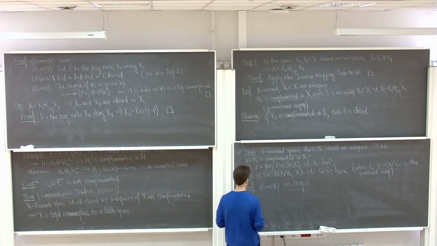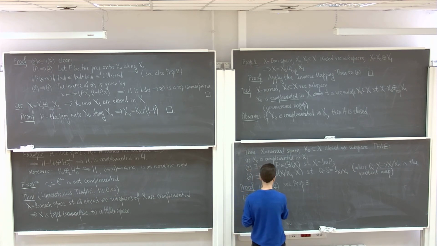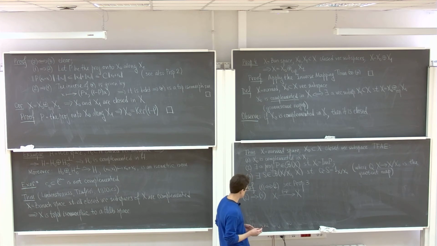Okay, so let's now show that 2 implies 3. So we look at the following picture. This is 1 minus P, X to X. So the kernel of 1 minus P is the image of P. So it is X0.